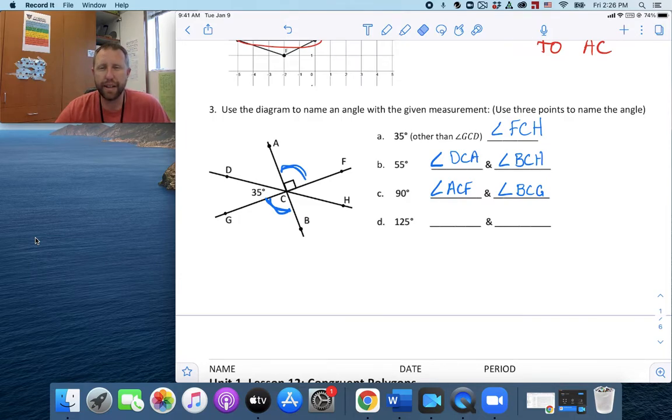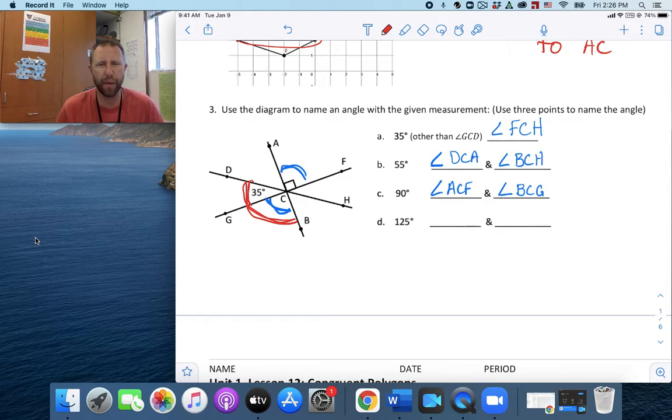And the last one is 125 degrees. So here's another one that isn't labeled on this diagram, but I already said that this 90-degree angle and this 35-degree angle add up to 125 degrees. 90 plus 35 is 125.